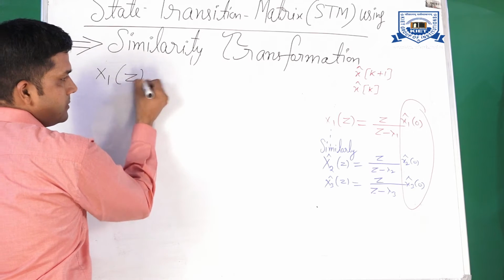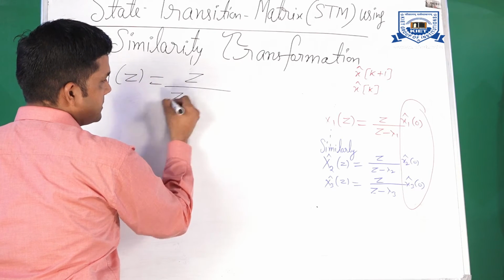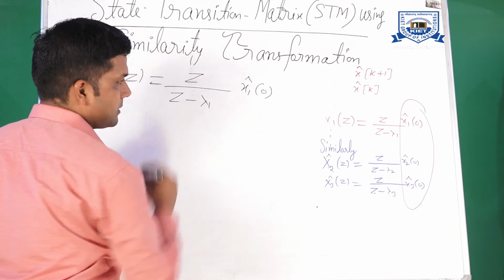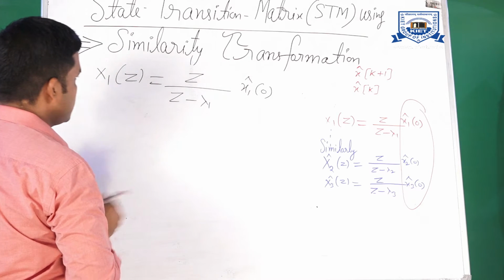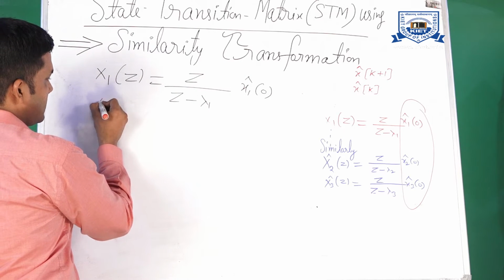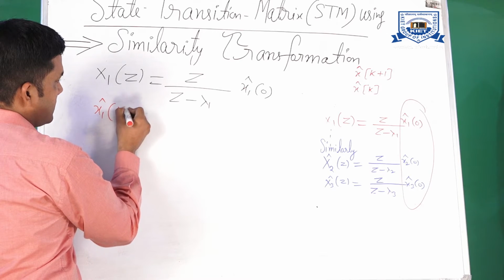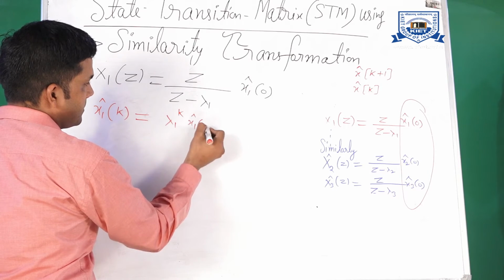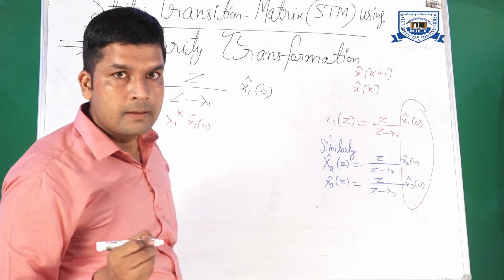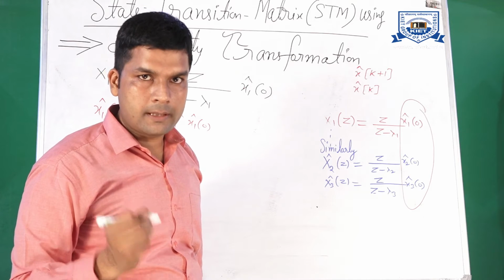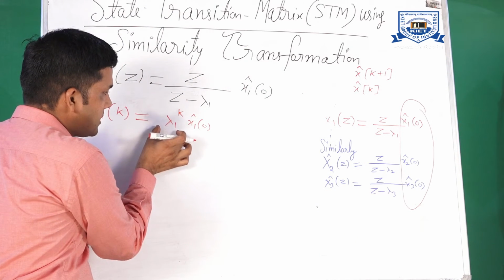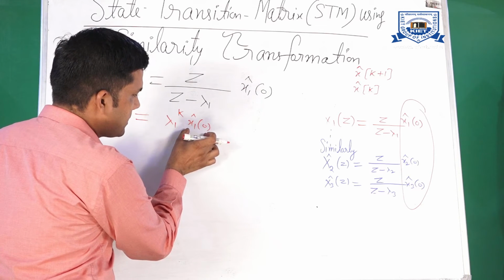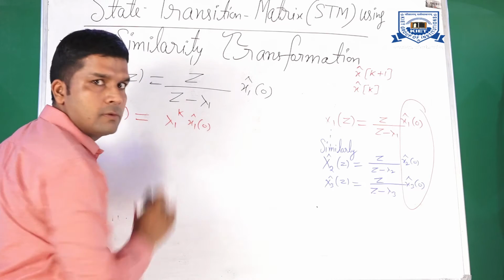Now x1 cap z is equal to z upon z minus lambda 1 into x1 cap 0. I am writing again. Now the inverse of this: the inverse of z upon z minus a is a to the power k into u k, so we get lambda 1 to the power k, and u k is not required because here we are writing x1 cap 0.